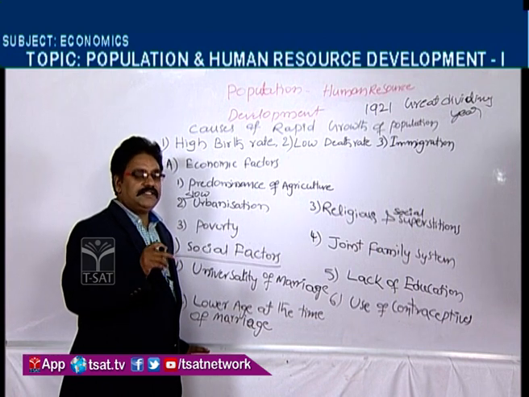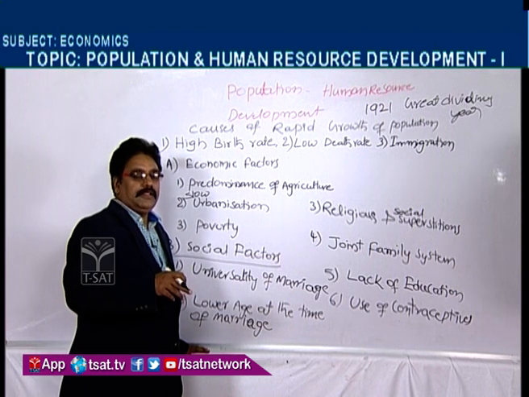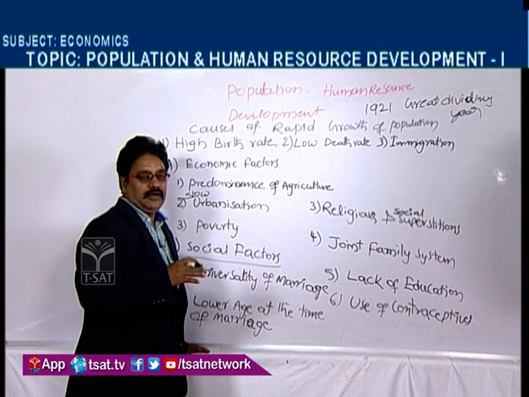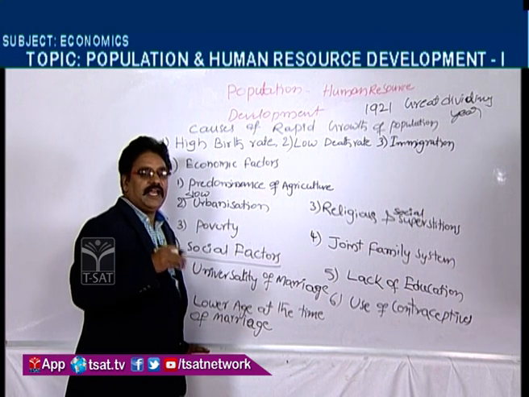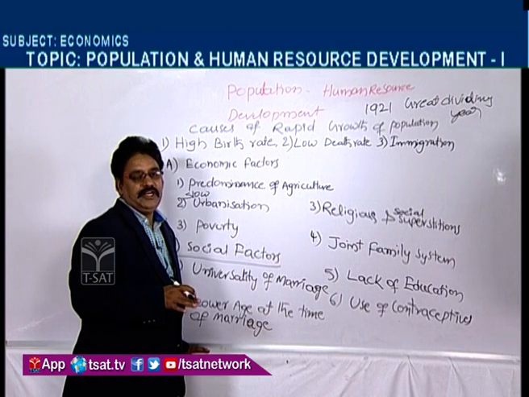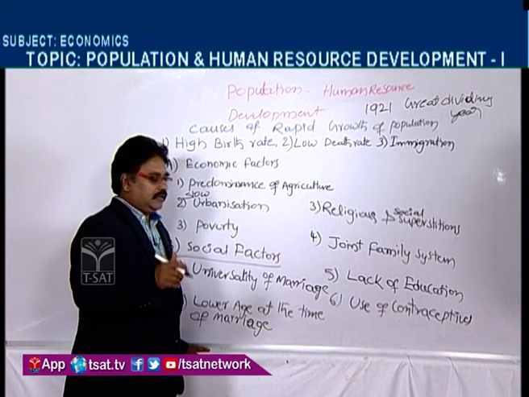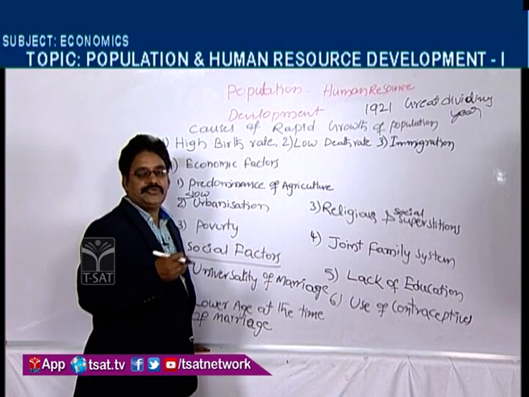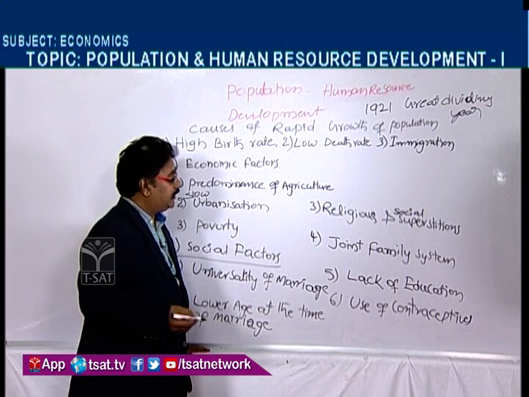Because of the lack of education facilities and literacy, people did not think of changing their lifestyle. They were involved in agricultural work only. So that is the reason families used to have more children.